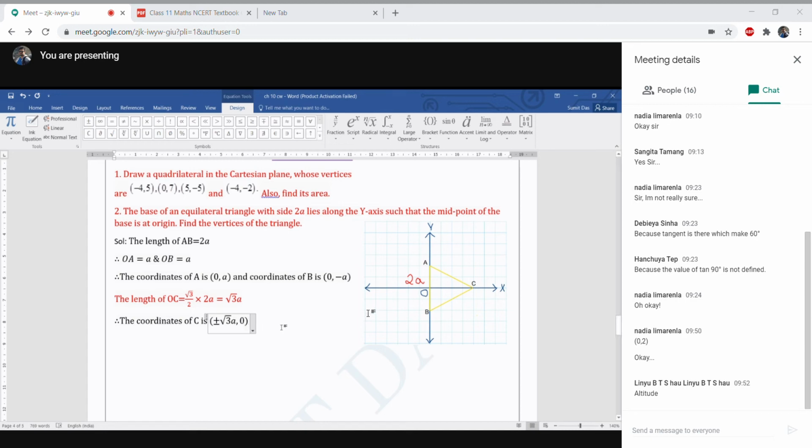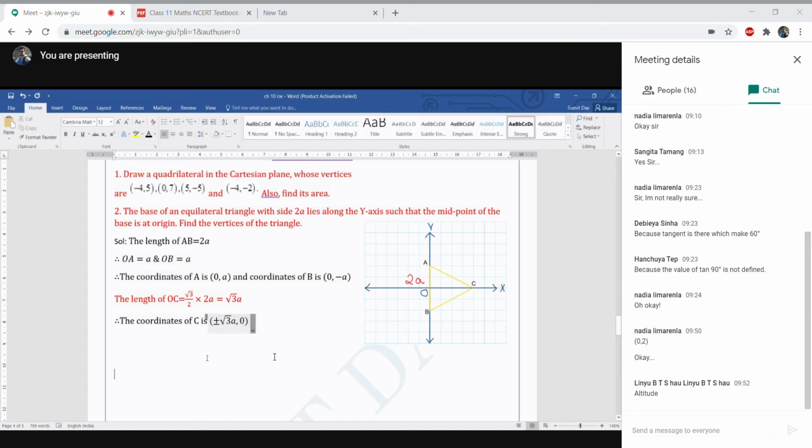Okay, why plus minus? Because look, I drew C like this, but C can be on the negative side also, right? So the coordinate of C is this. This is all class 10. Okay, still I'm giving it to you.